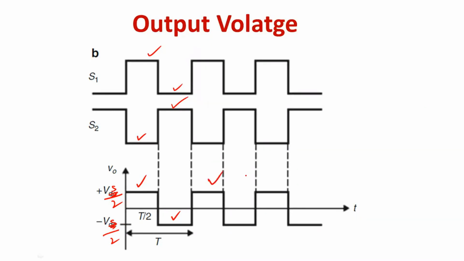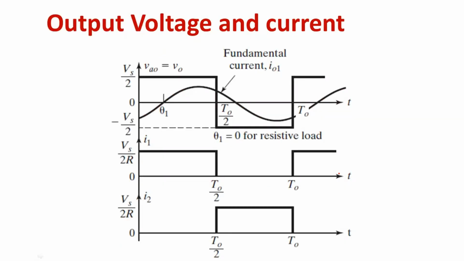So this is repeatedly happening as time approaches infinity. Now, these are the values of load voltage and the currents flowing through switch 1 and switch 2.